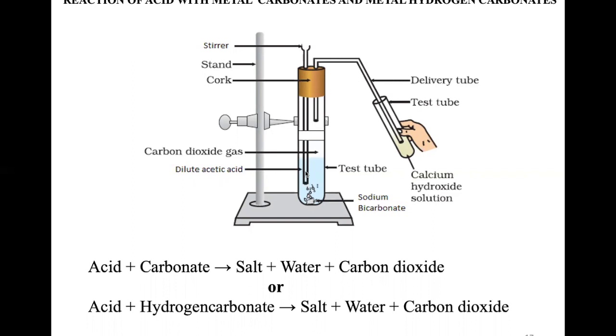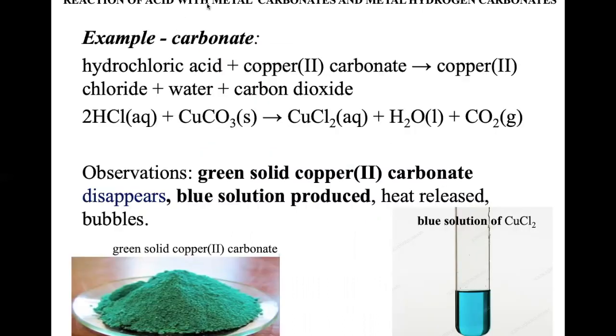A dilution of acetic acid is vinegar, that is commonly used while eating a Chinese dish. When the reaction takes place, the gas that is evolved is carbon dioxide gas. Through a bent tube, you can allow that carbon dioxide gas to enter the solution, and here the solution is that of calcium hydroxide.